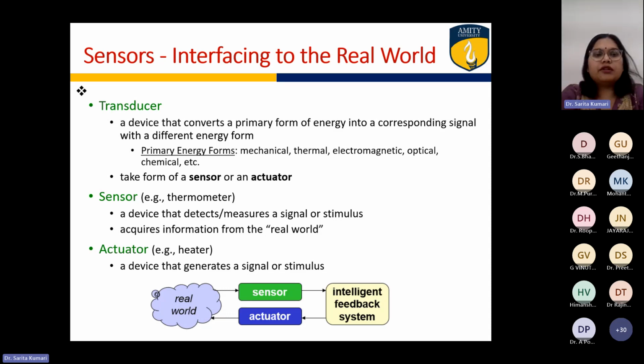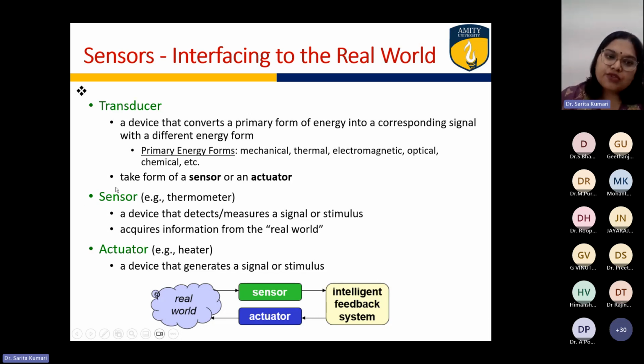So depending on the working principle also we can classify the transducers. It can be resistive principle, inductive principle, capacitive working principle, thermal or electromagnetic, optical or chemical. So these are the different categories of transducers being used.